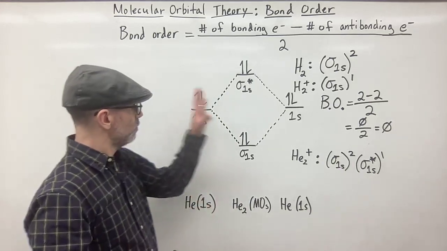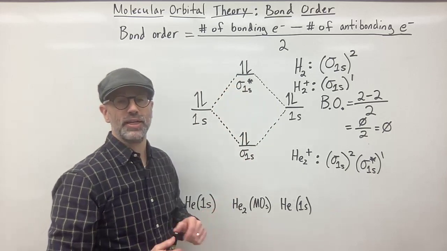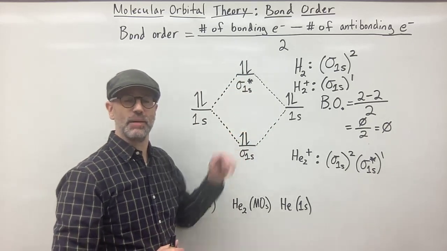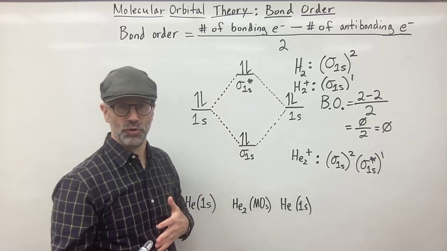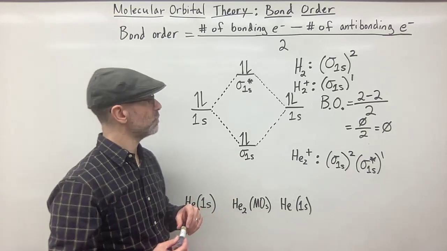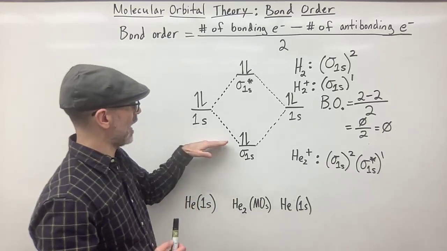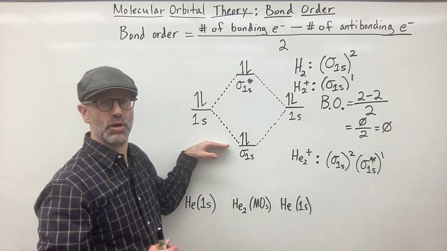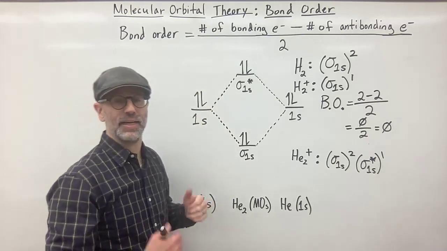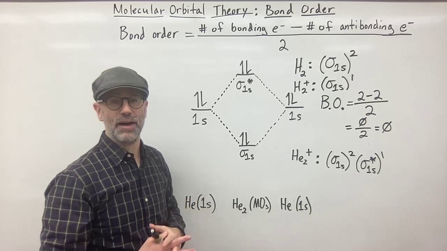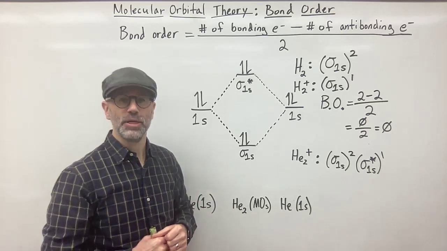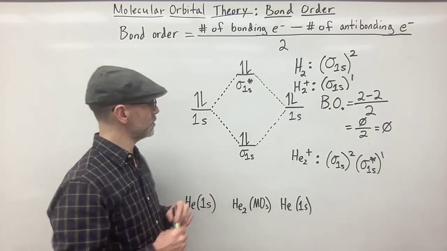So that's a really important thing to keep in mind when you're thinking about the stabilizing and destabilizing effect of your bonding molecular orbitals and your anti-bonding molecular orbitals. Anytime you have an equal number of bonding and anti-bonding electrons, you're not going to have any bonds. That's not going to form any molecule between those two atoms.